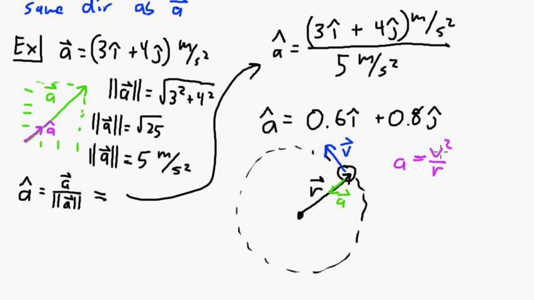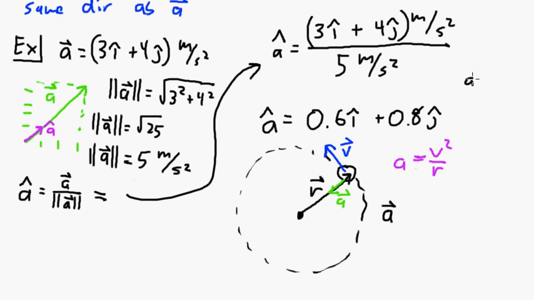But this doesn't tell us what it is in vector form. So what we want to do is say what direction a is in, and then we can give an expression for an a vector. So which direction does the acceleration go? Well, it goes in the opposite direction of the radius. It points in towards the center along the radius.